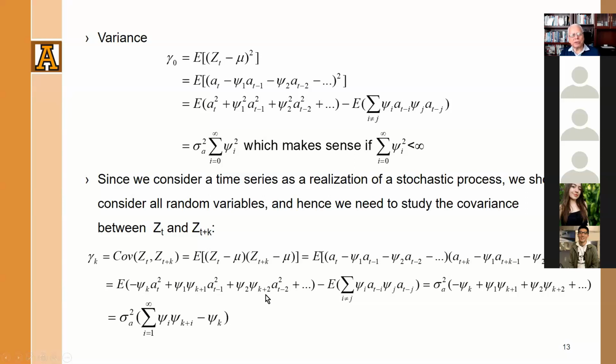Okay, we'll be using the term stationary when the process is first order and second order stationary. This process is considered first order stationary if its mean does not depend on time, and it's second order stationary if its second moments, because it has a variance, and the covariances do not depend on time, which is this case here.